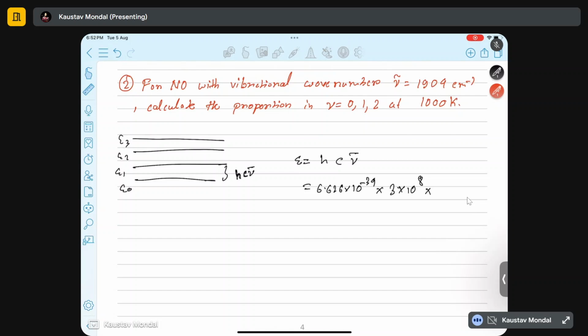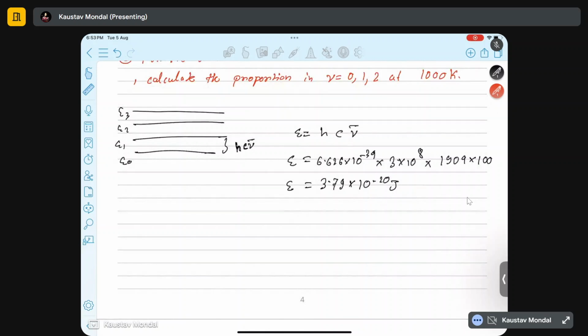So this would be 1904 into 100 inverse. So if you multiply 6.626 into 3 into 1904, then 10 to the power minus 34, 8, into 100, you get 3.79 into 10 to the power minus 20 joule. This is the energy difference between any two energy states.